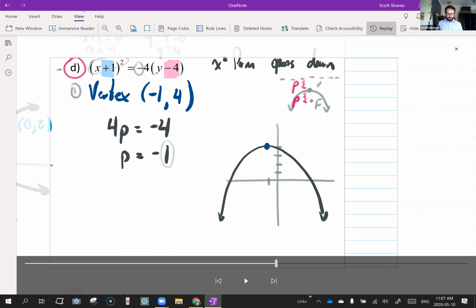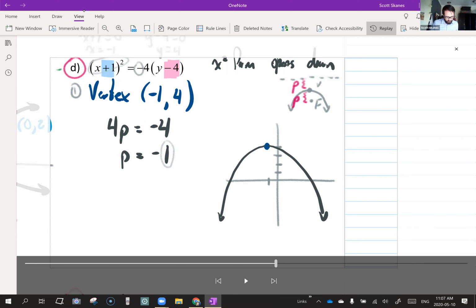We know where the vertex is, and we know that the focus is inside the parabola. It's where light would focus in on if it bounced off the walls. You know it's down. It doesn't shift left and right. It must shift down. I solved for P here already. P is 1, so that means it's just down from the vertex by 1. Our vertex right now is -1 and 4. If we go down by 1, it must be -1, 3.